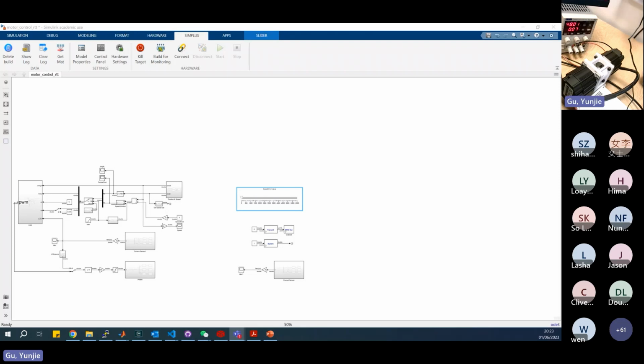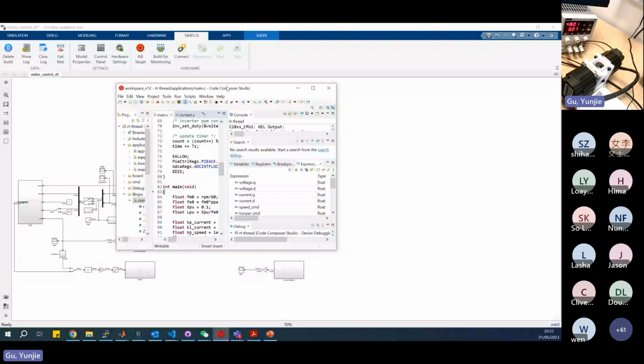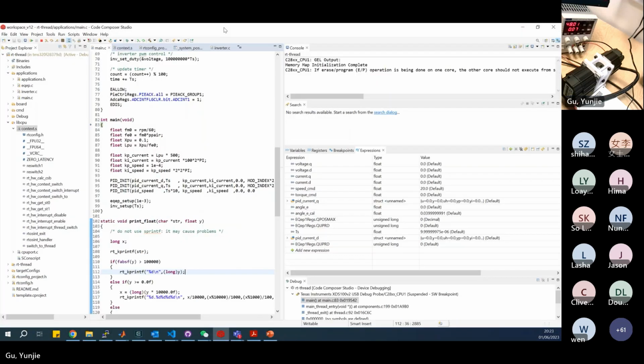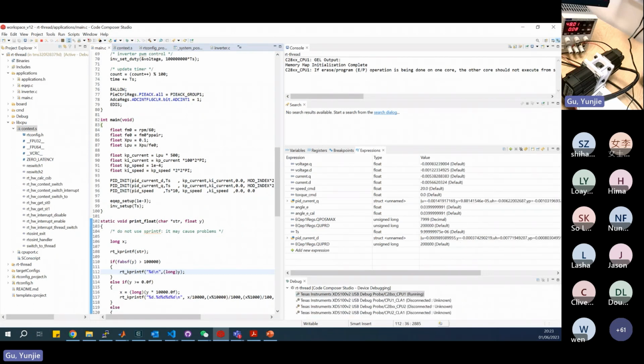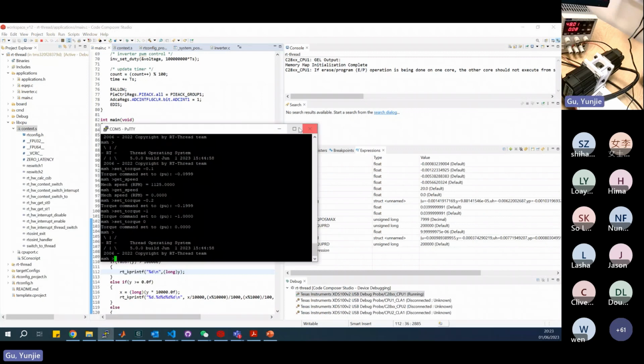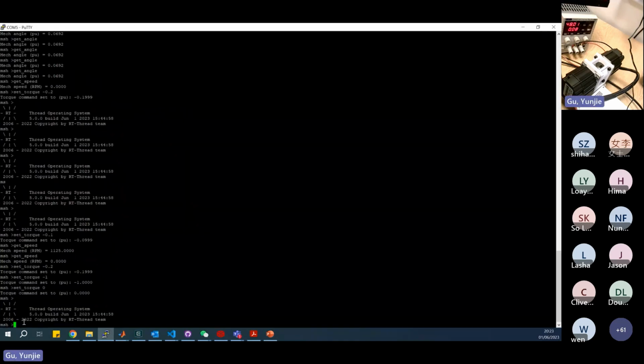Then I've built the project and loaded it into the board, and I just click start. After I click start, I open the shell. You see this is started, and we can put in some commands here.